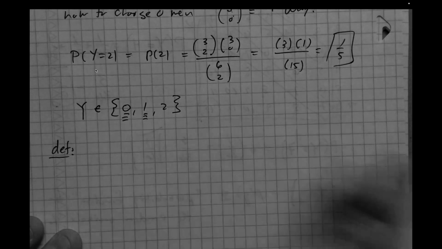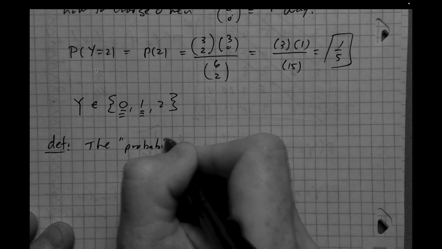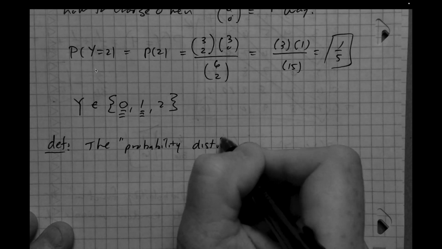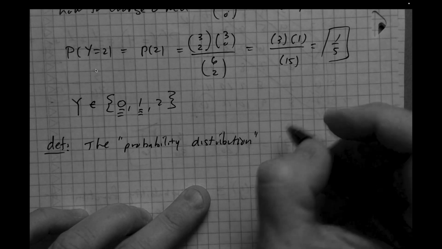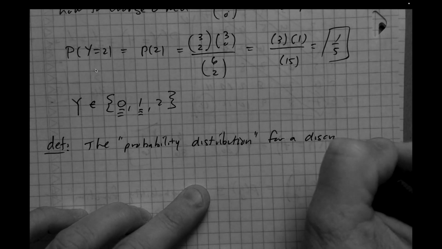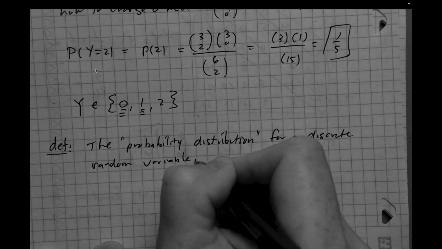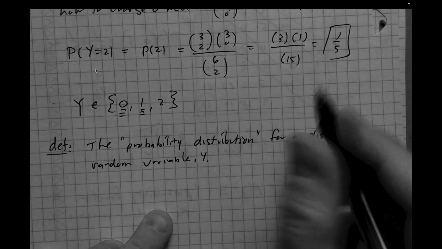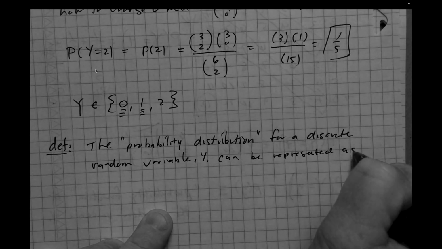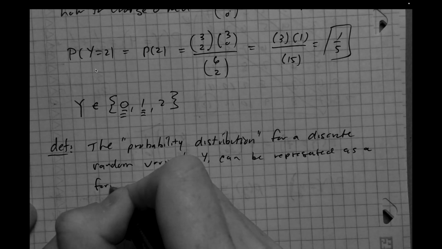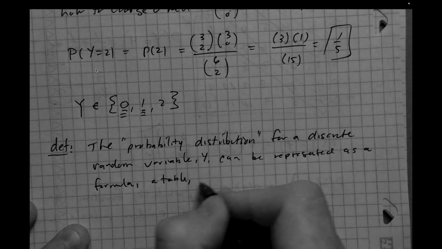That is the definition of a probability distribution. The probability distribution for a discrete random variable y can be represented as a formula, a table, or a graph.